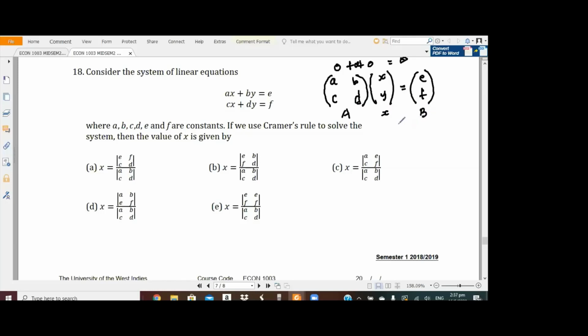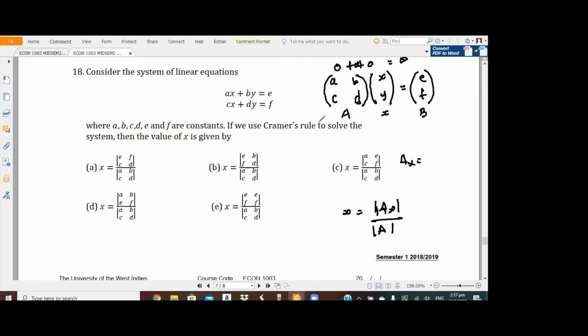Now, what we have here is a matrix equation in the form AX equals B, right? Cramer's rule says to us that if I want to solve for x, x is going to be equal to the determinant of Ax over the determinant of A. This is how we normally teach it. So how do I find what Ax is? Ax is the matrix that you get when you replace the x column by the solution matrix.